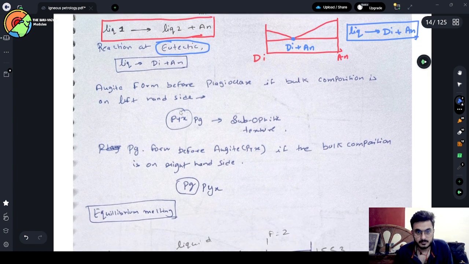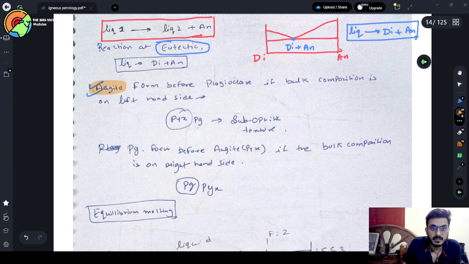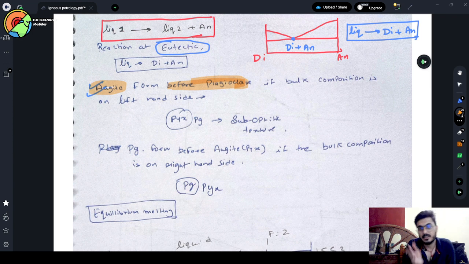Now these textures I have discussed. If the augite, that is your pyroxene, forms before the plagioclase, meaning we are on the left hand side of the figure, we will get the subophitic texture.